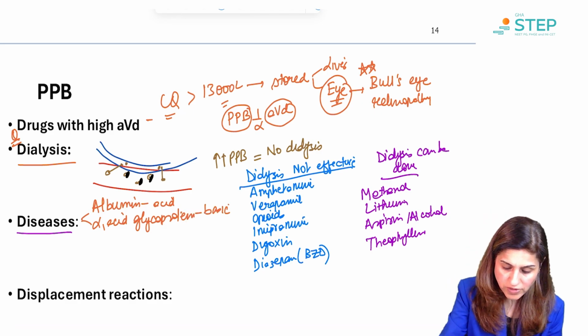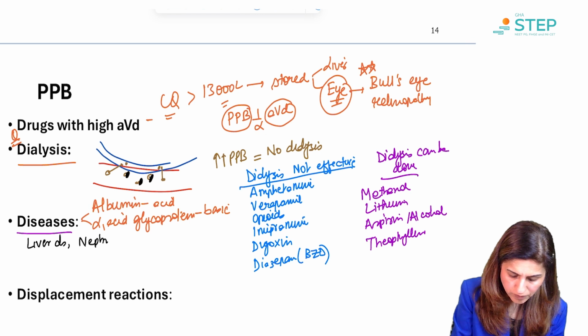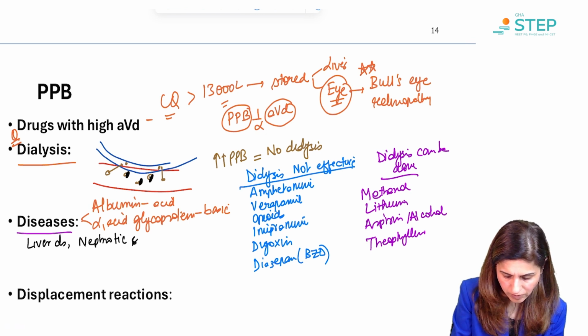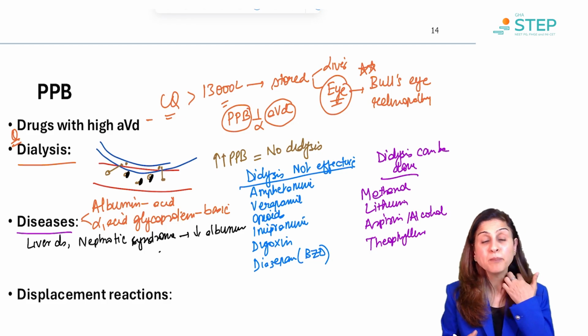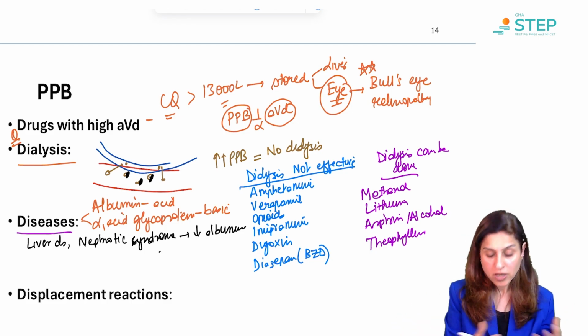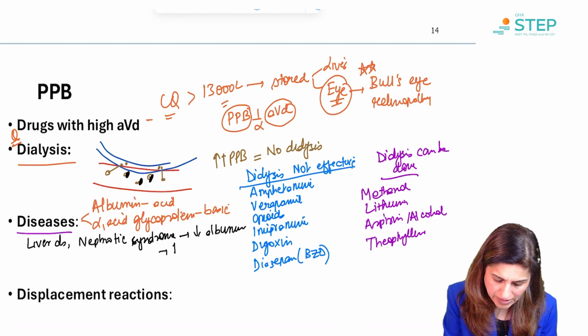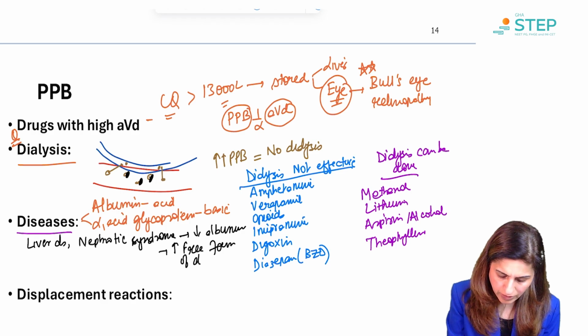So in case of diseases, let's say there is some liver disease or nephrotic syndrome, what happens? There is a decrease in the albumin levels. So when albumin levels are low, the bound fraction will be low because albumin is not available for the drug to bind. So there will be an increase in the free form of the drug, and that can lead to toxicity.